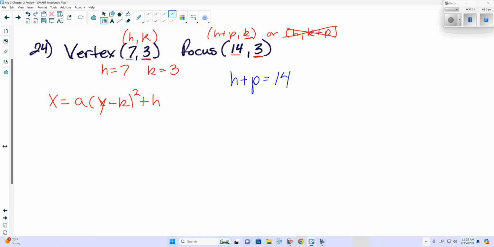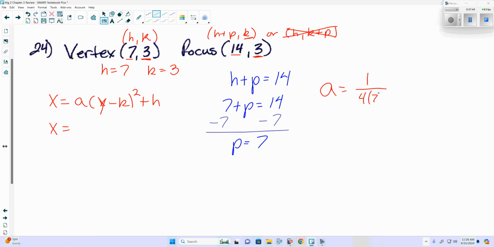Now, to find p, we plug in h. 7 plus p equals 14. So here we would subtract 7, telling us p is 7. So a is going to be 1 over 4 times p, 1 over 4 times 7, and again, 1 over 28.